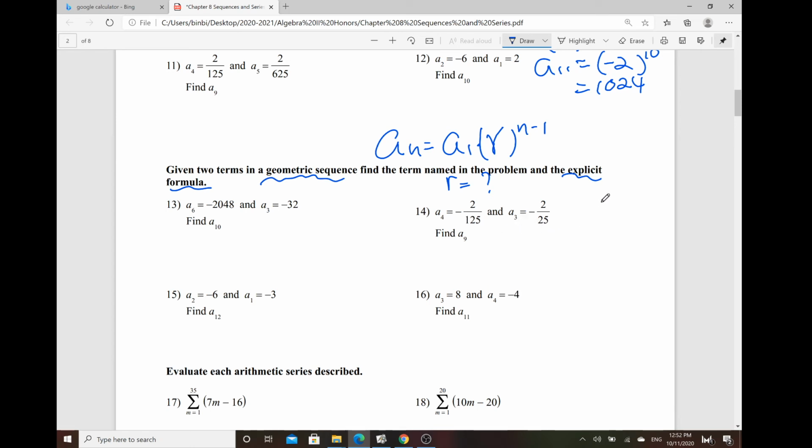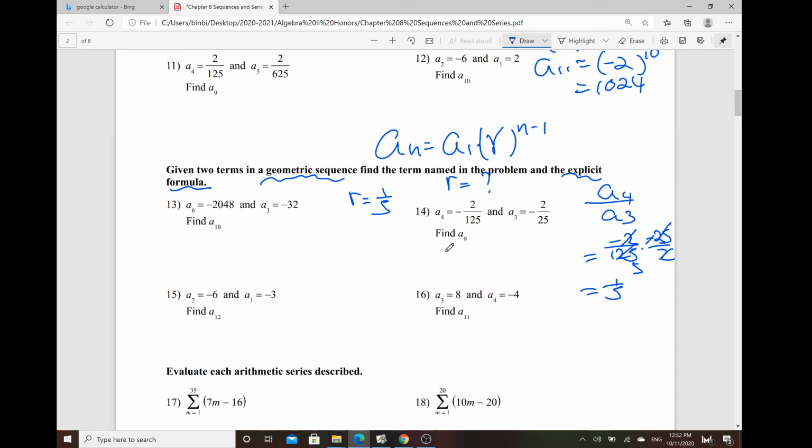So negative 2 over 125 divided by negative 2 over 25. That means you multiply by the reciprocal, negative 25 over 2. So cross cancel. 25 goes into 125 5 times. So eventually it's 1/5. So for the common ratio, it's 1/5.